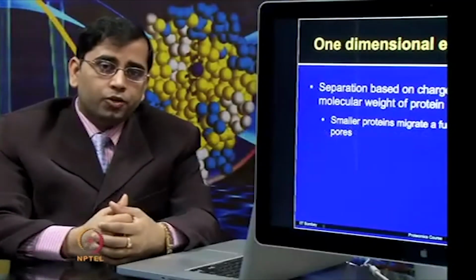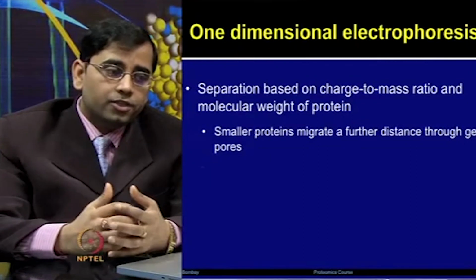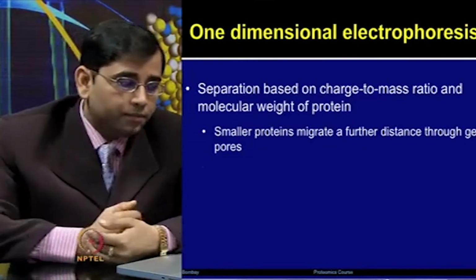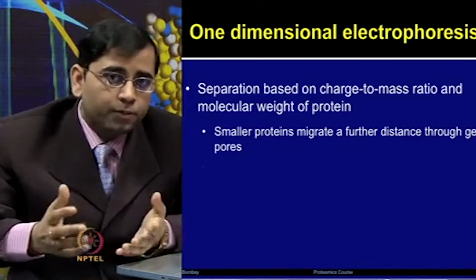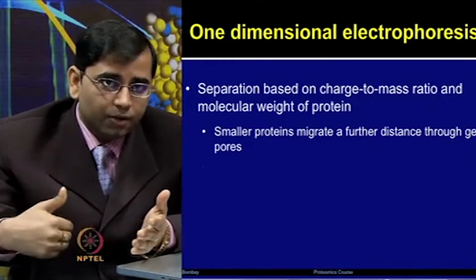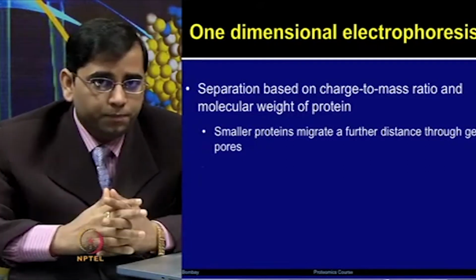In one-dimensional electrophoresis, the separation is based on the charge to mass ratio and the molecular weight of the protein. Therefore, on a given gel, the smaller proteins in the electric field will move further down, and the higher molecular weight proteins will remain on the top.